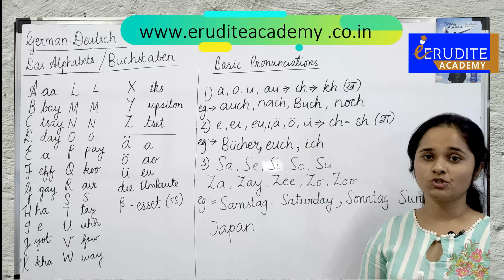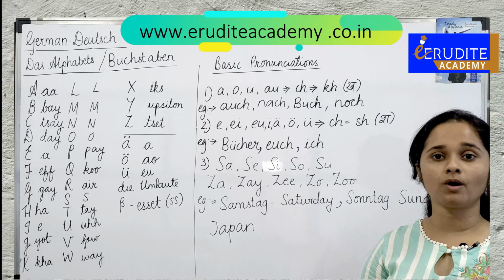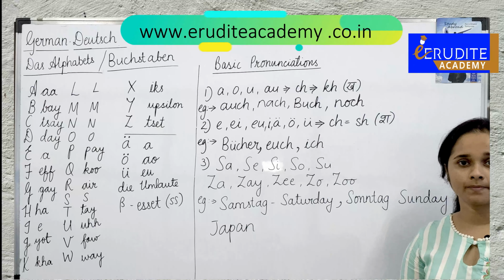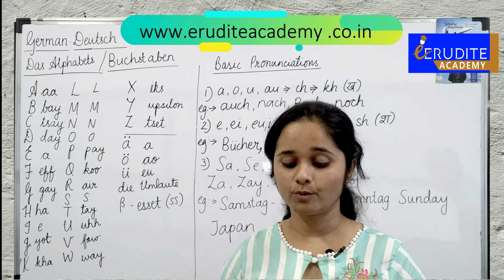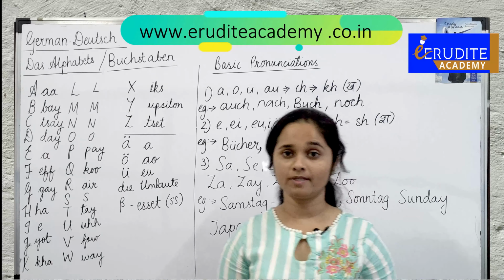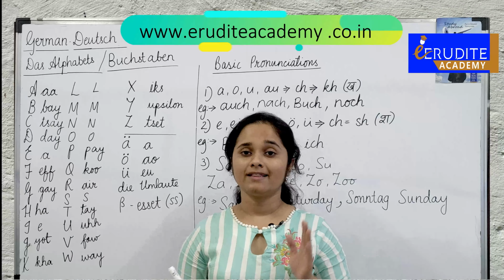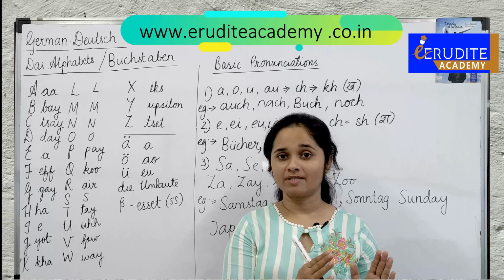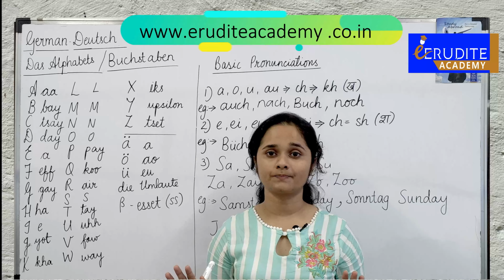Any noun you learn in German will always be written with the initial letter capital. This will help you because there are many words in German which have the same spellings, but if they are written with the initial capital or small, they have two different meanings.